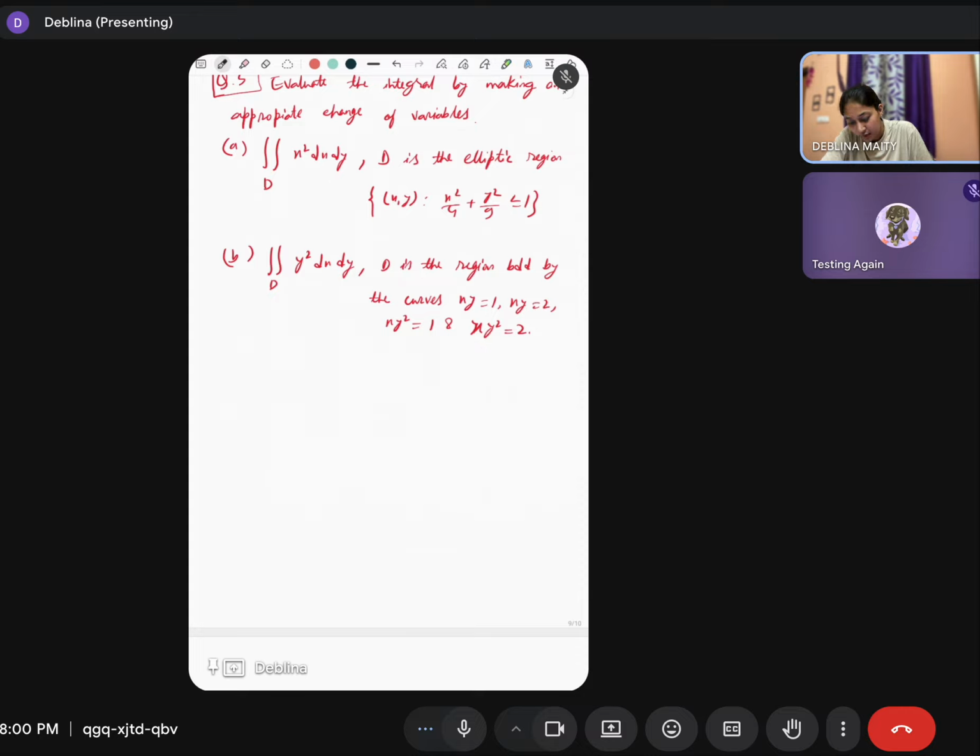For the first one, what will we choose? We are in this xy plane, this is an elliptic region, right? So for changing variables, what do we choose for simplicity? Any guess?